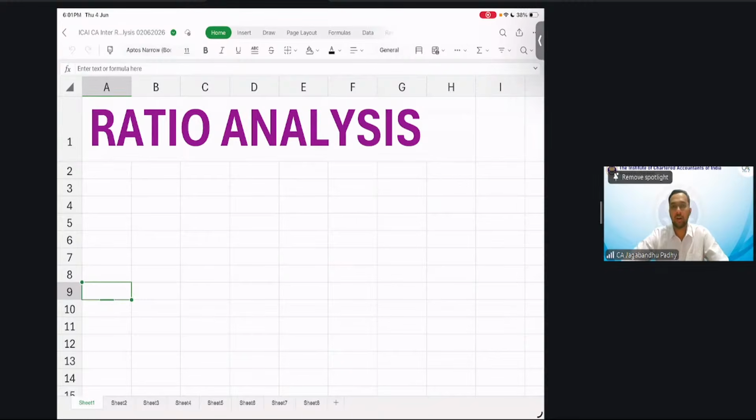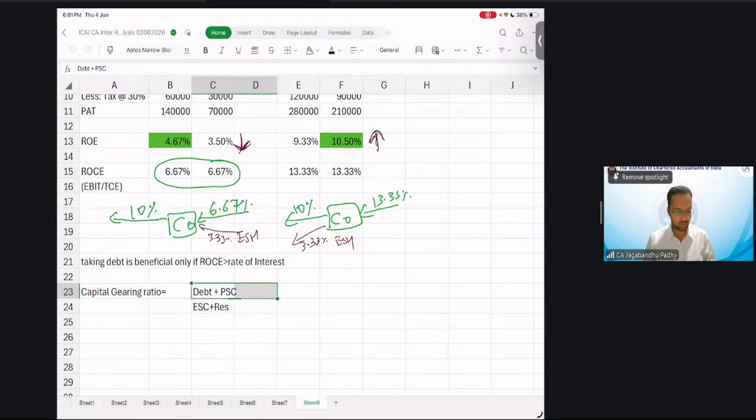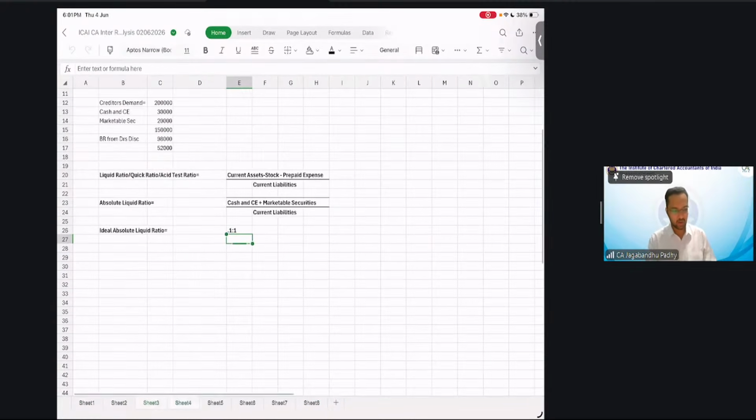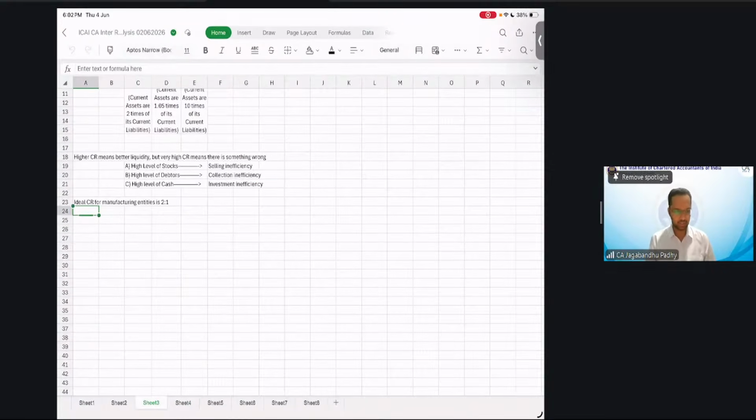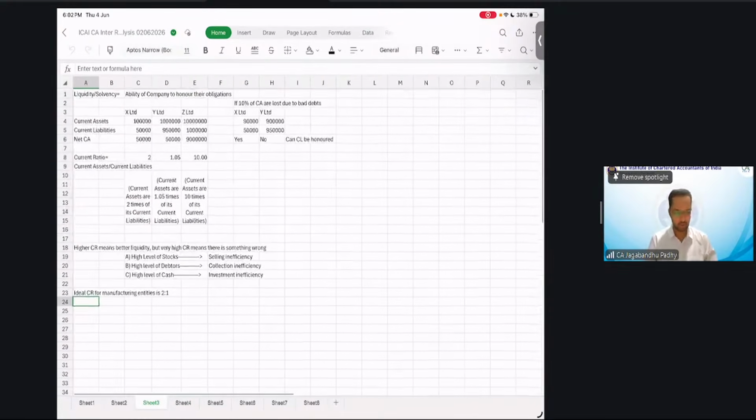Okay. So I welcome you all once again to the follow-up session of today, which is on the topic of ratio analysis. We have covered quite a good number of ratios in the last session. We have seen what is a current ratio, which is current assets upon current liabilities, for which the ideal ratio is 2:1.